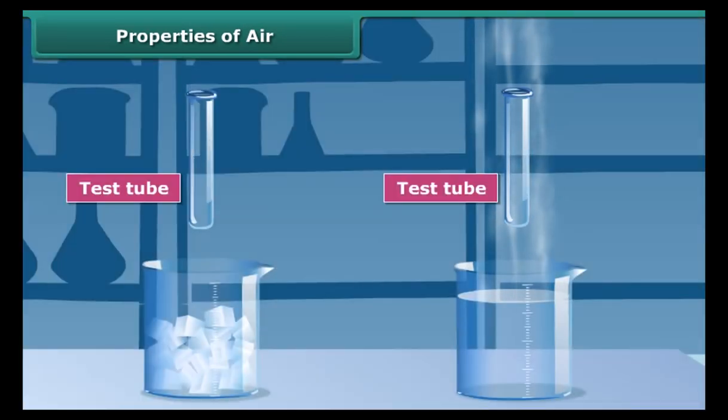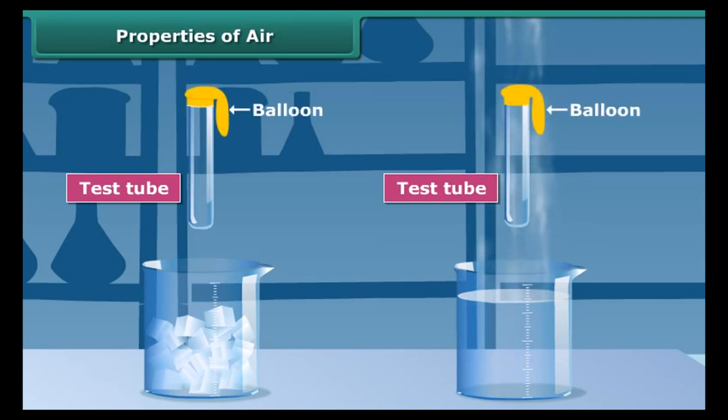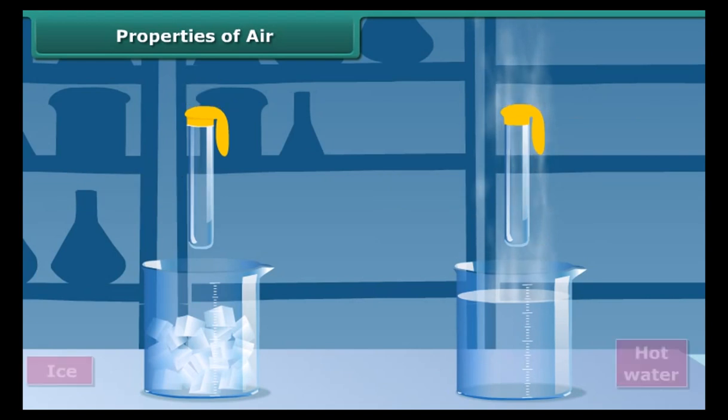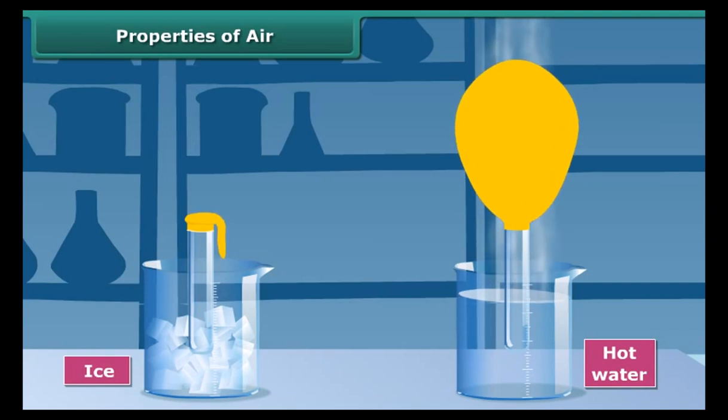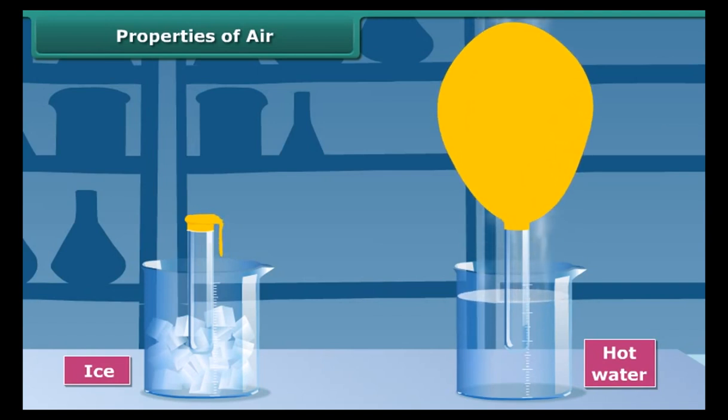Now take two empty test tubes and place a balloon over the mouth of each one. Put one test tube in a pan of hot water and the other one in a pan with ice. Observe carefully. The balloon on the test tube in hot water begins to inflate.